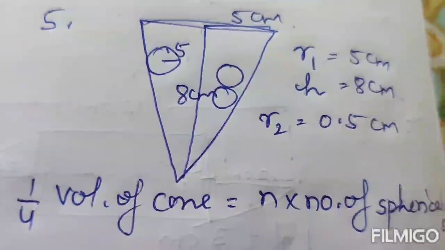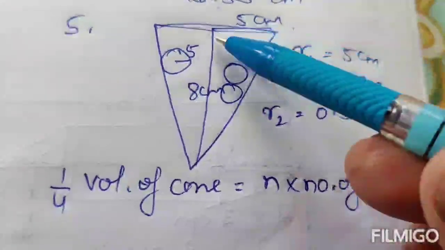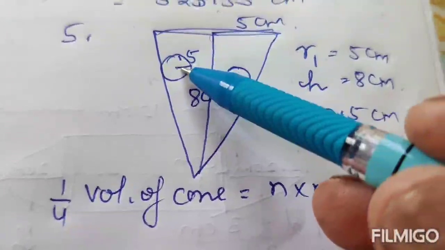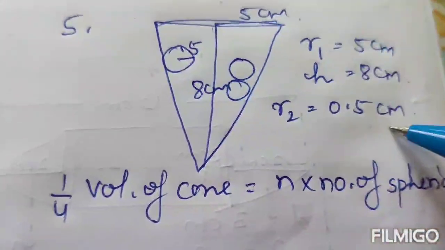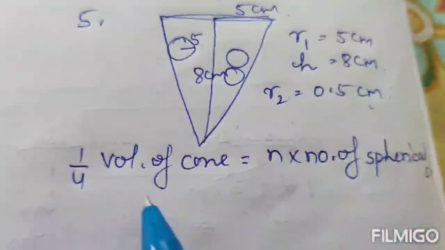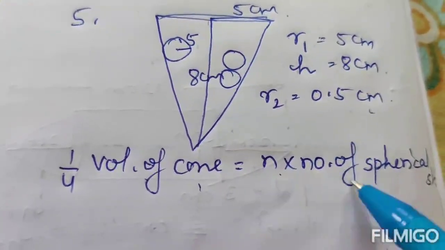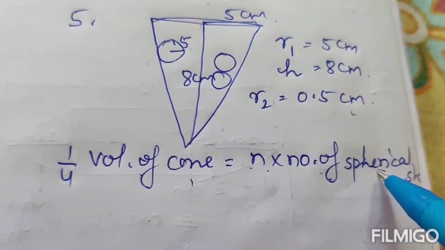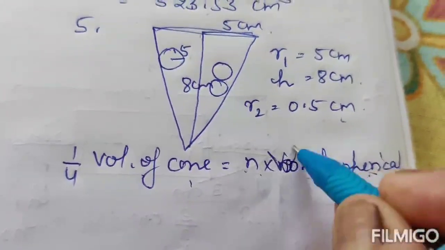The radius of the cone is 5 cm and height of the cone is 8 cm. And the spherical ball 0.5 cm is the radius. The 1/4 volume of the cone equal to number of spherical shots n into volume of spherical shot.